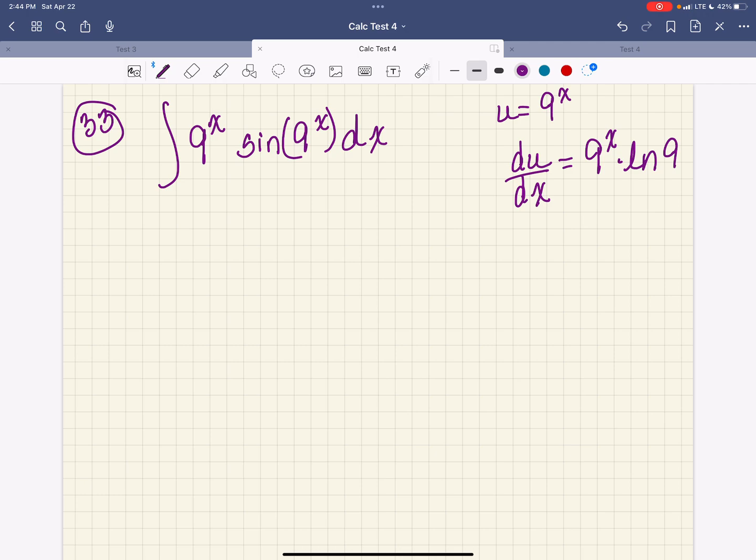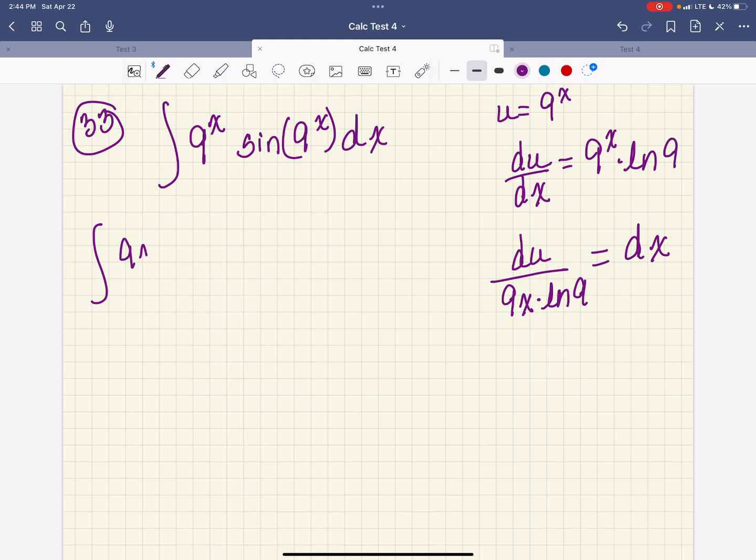And when I do that, that's going to be du over 9^x times the natural log of 9, and that equals dx. A couple things we have to remember here.